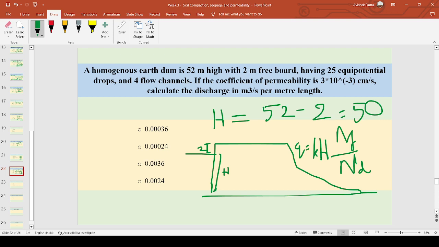You're getting B, yes, B is the answer, 0.00024 meter cube per second per meter length of the dam. Yes, B is the correct answer. Okay, I hope it is clear.